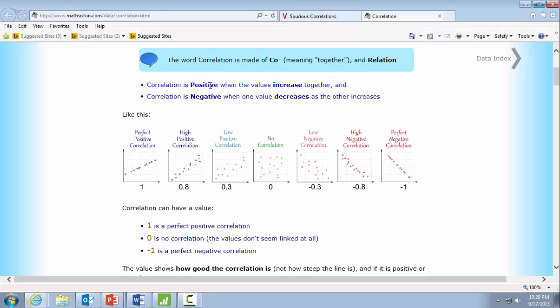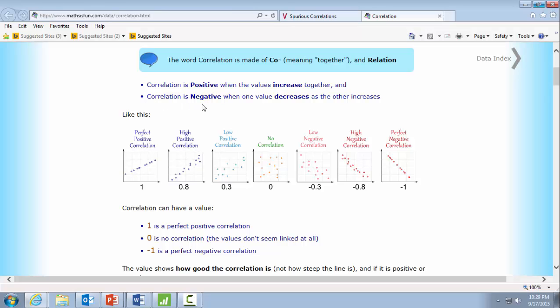So there's a positive correlation when the values increase together. Right here we see a perfect positive correlation, the values increasing together in a perfectly straight line. And we give that a correlation coefficient of 1.